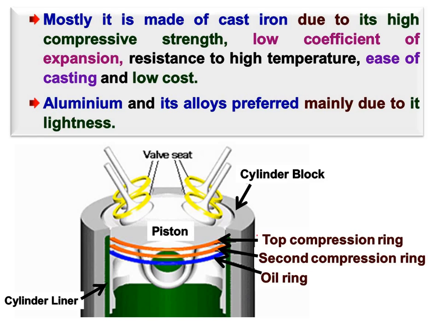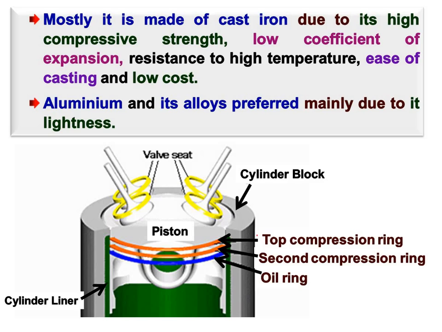As and when it receives heat, it will not expand much, because its coefficient of expansion is low. Then resistance to high temperature means that due to high temperature there will not be wear and tear or any type of deformation in the cast iron.